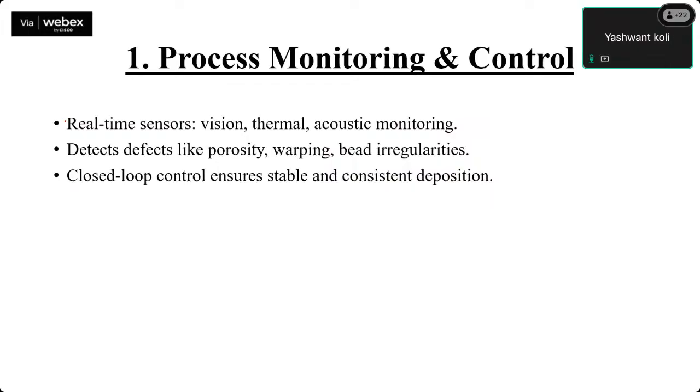And then closed loop control ensures stable and consistent deposition. So closed loop monitoring has to be done: we collect the data, then monitor that data, and then give good feedback for a good product.